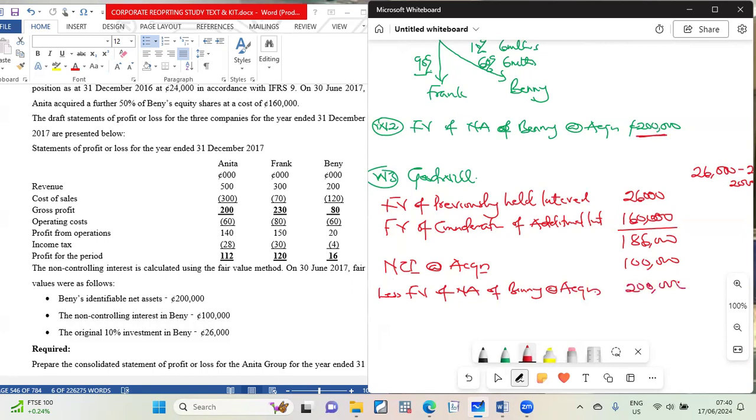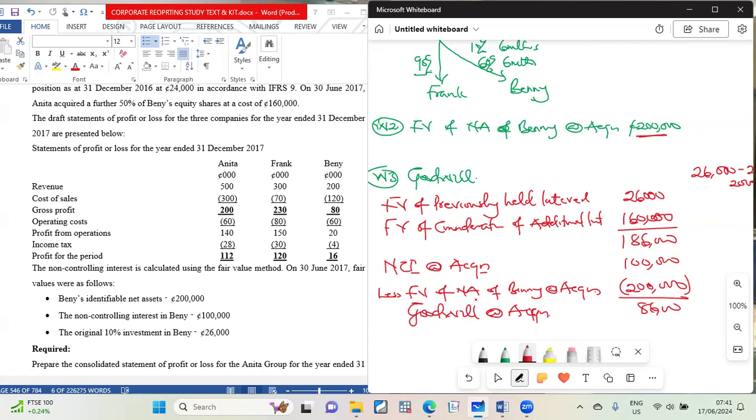So our goodwill, therefore, will be how much? 86, right? So 86,000. So goodwill at acquisition. As simple as that. Very simple. All right. So basically that is that. But we are told to also do the consolidated statement of financial position, right?